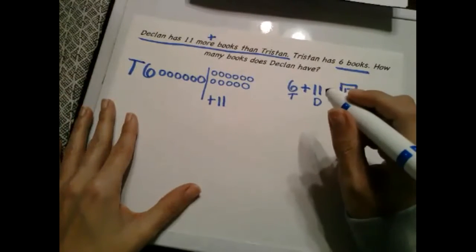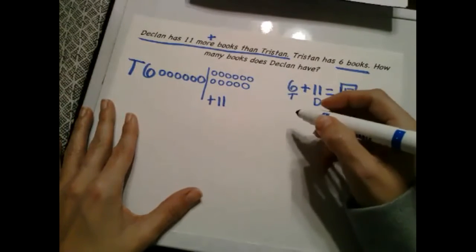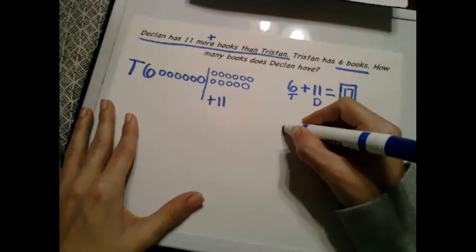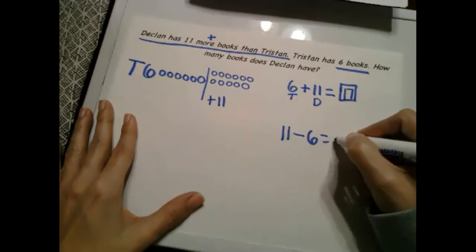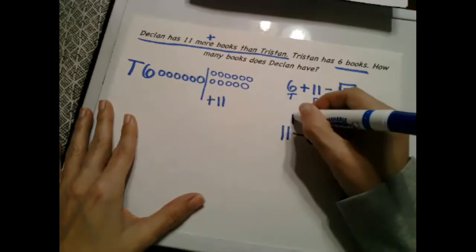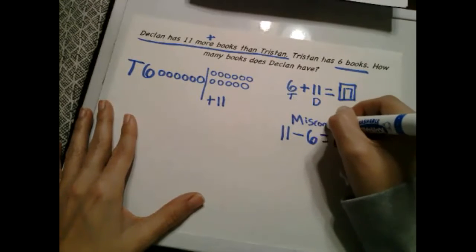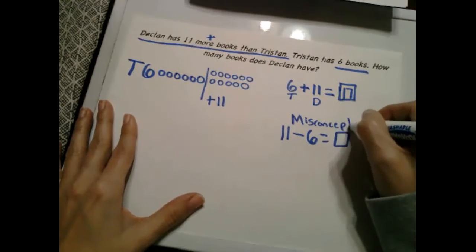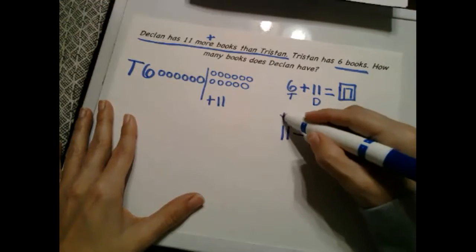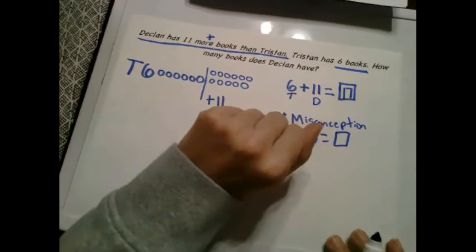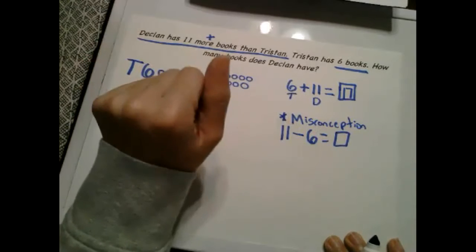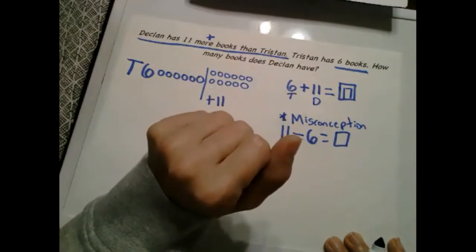A misconception that someone might have made is they might have said 11 minus 6. Can we see why this would be a misconception? Did it say that Declan had 11, Tristan had 6?